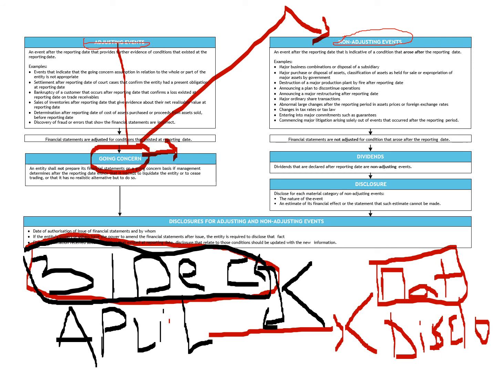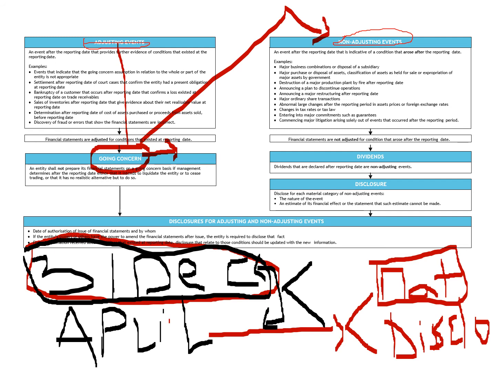So whenever I find between the date of the balance sheet and the date I signed my financial statement that my company might not operate or will cease operation in the foreseeable future for whatever reason, I don't need to assess if this constitutes an adjusting or a non-adjusting event.